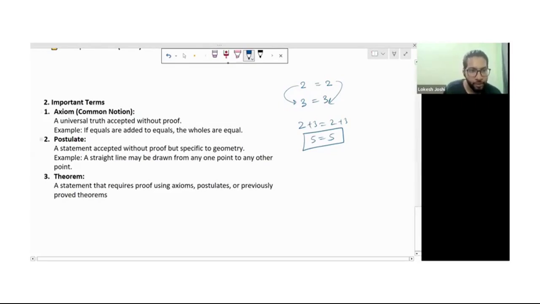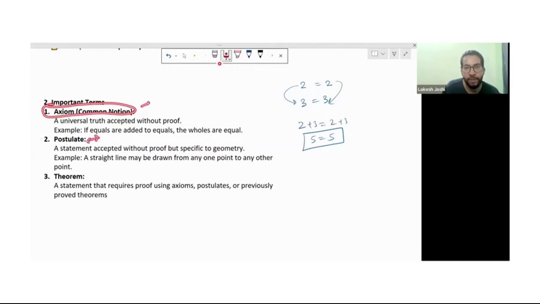Okay, now the second one, postulate. Postulates are also the same thing as axioms. The property is the same, a statement without proof but specific to geometry. The axiom we have understood is for mathematical terms, but postulates we use for geometrical things.